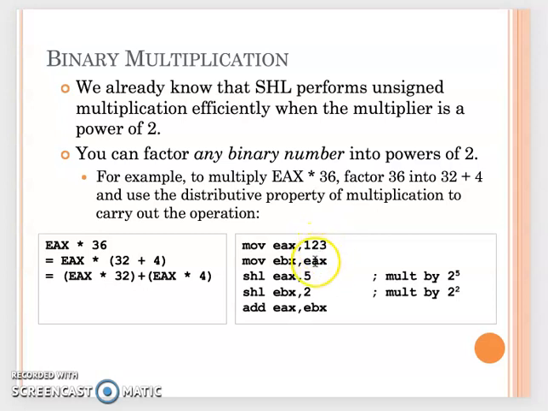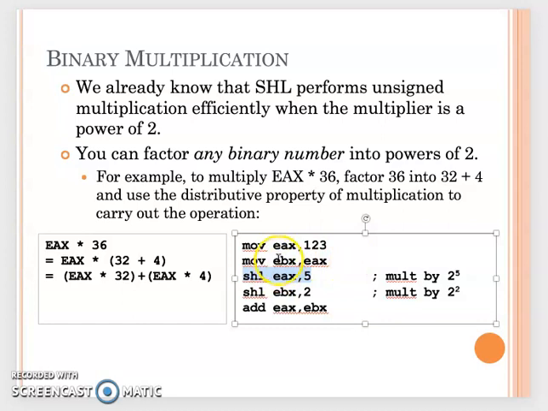First I move the EAX value to EBX, then use EAX to shift to the left for 5 bits, so this is the original value times 32.